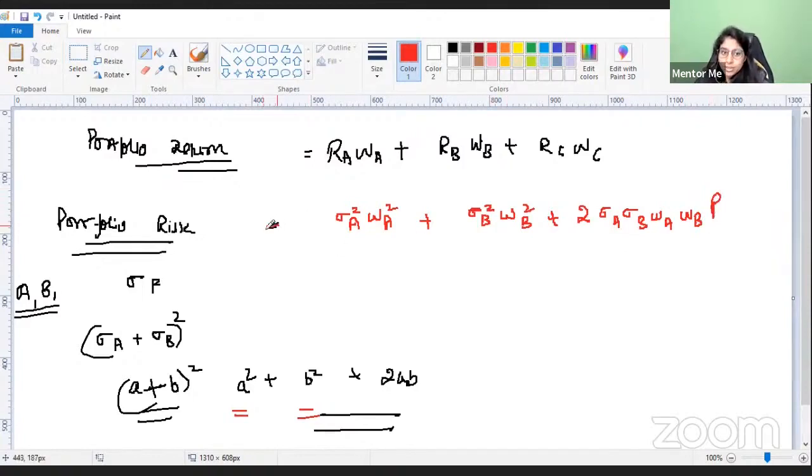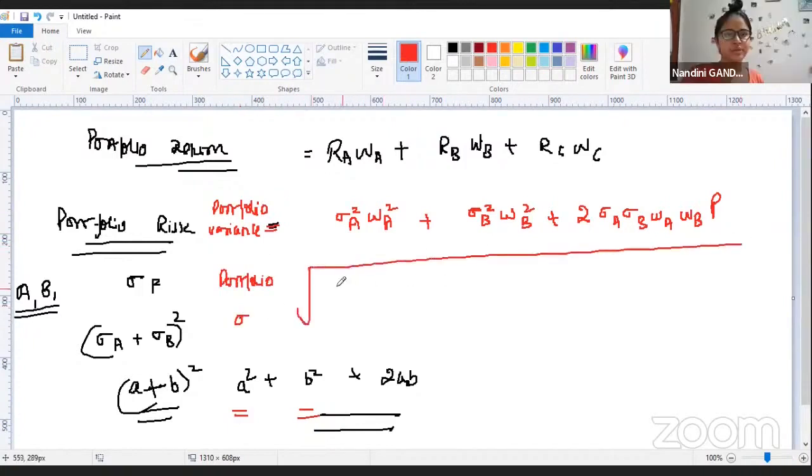Okay, this will give us the variance of the portfolio. And in case we want to know the portfolio standard deviation, that would be the square root of all this.